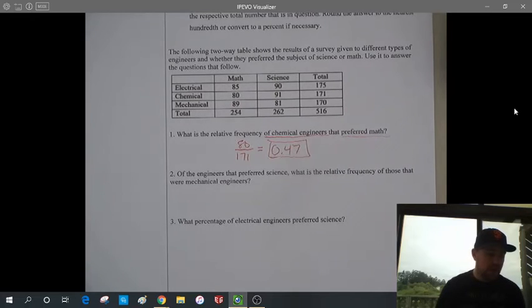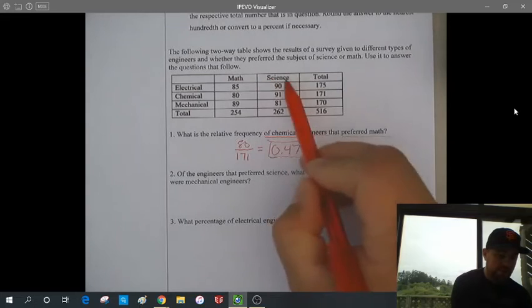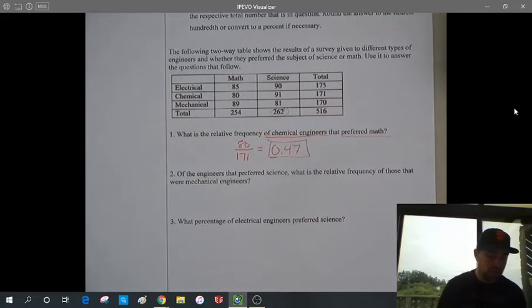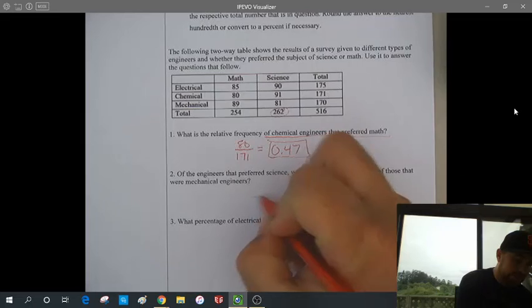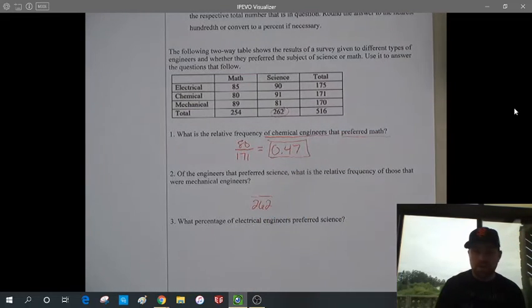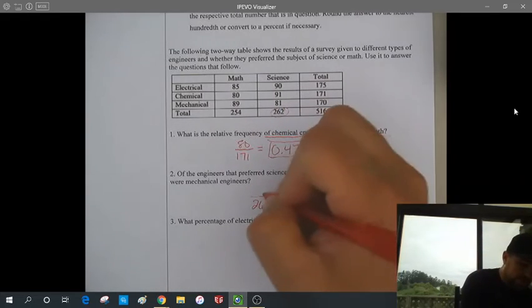Okay, for number 2, of the engineers that preferred science. So all of my total science is what's being pulled into question here. So that number is 262. What is the relative frequency of those that were mechanical engineers? So of the total 262 science preferring engineers, 81 of those were mechanical.